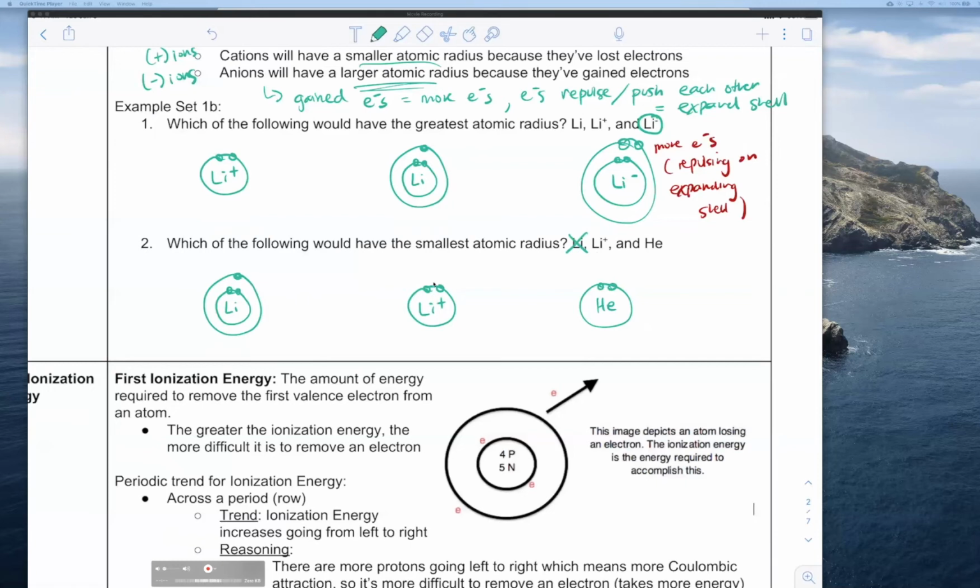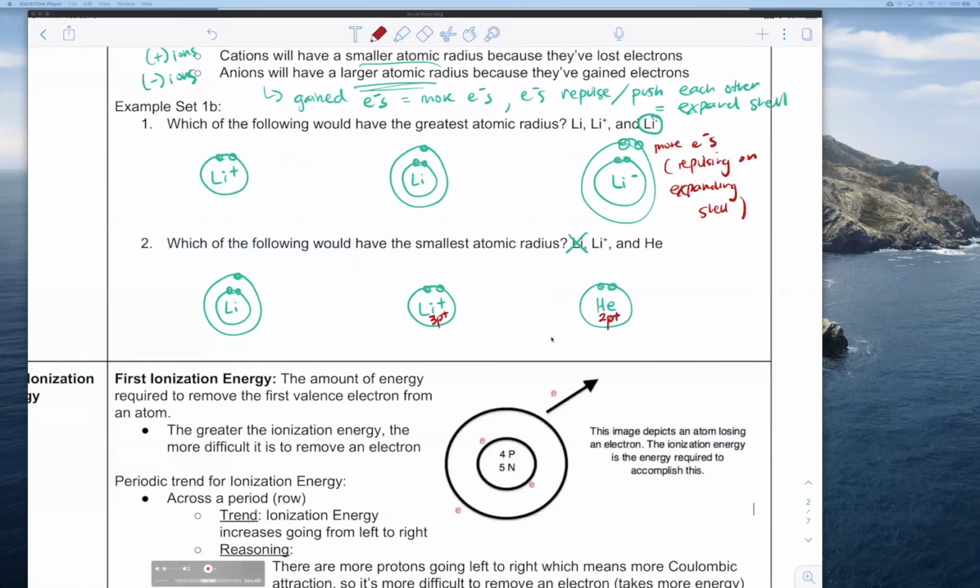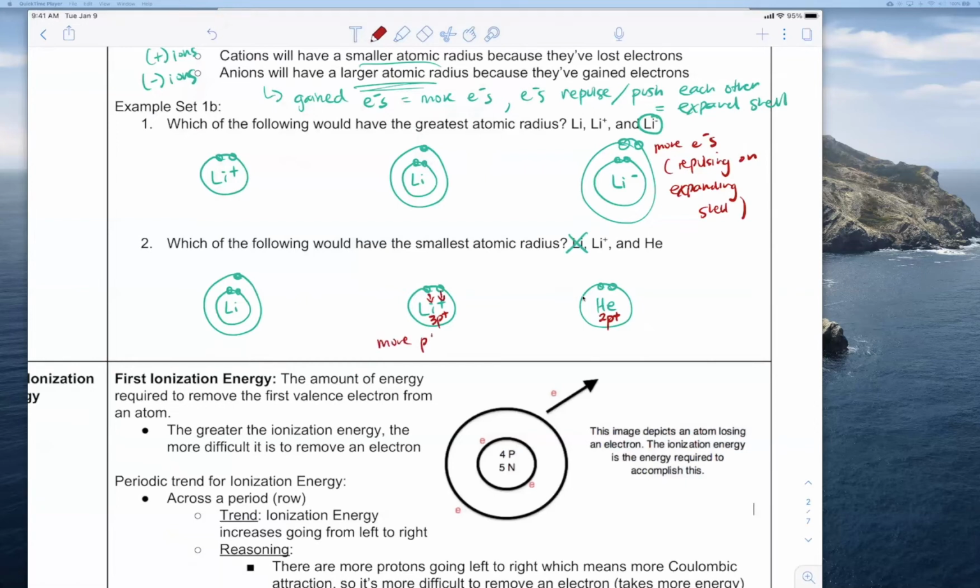So now that you have the same number of energy levels, like before, look at the number of protons, right? So lithium has 3 protons and helium only has 2 protons. So since lithium has 3 protons, it has more protons, which means it'll pull the electrons closer, which equals smaller radius.